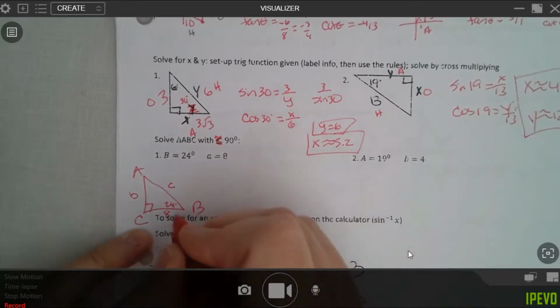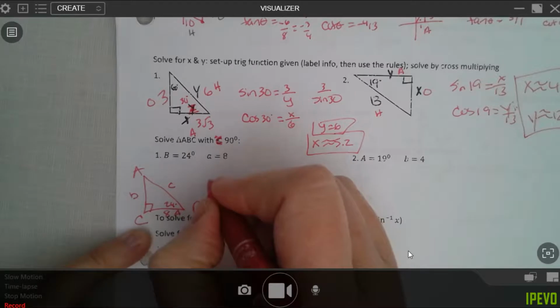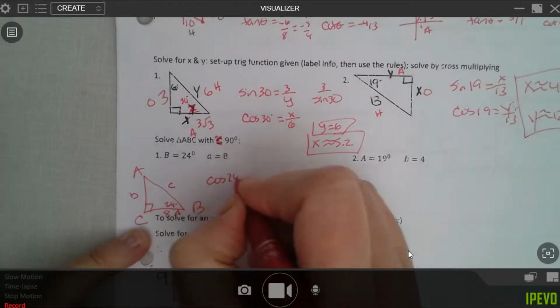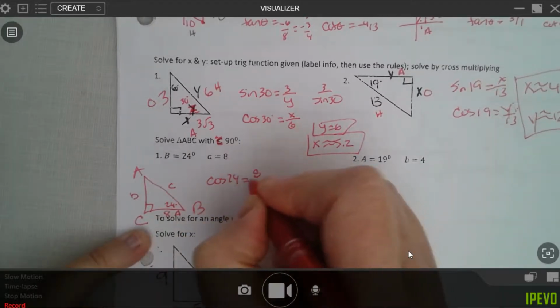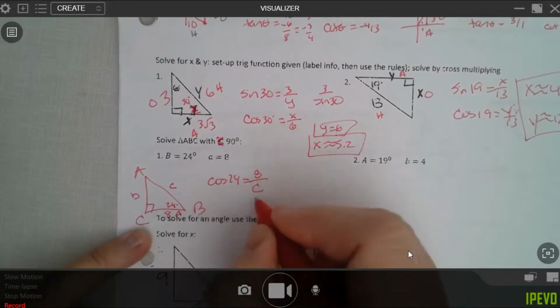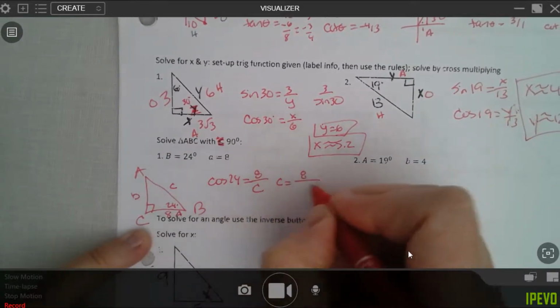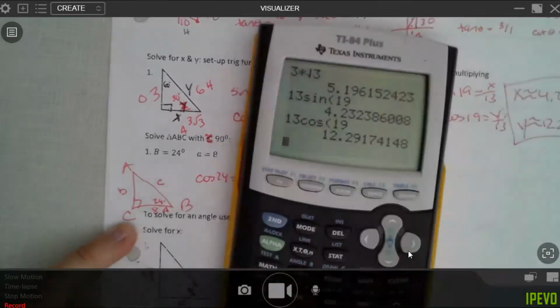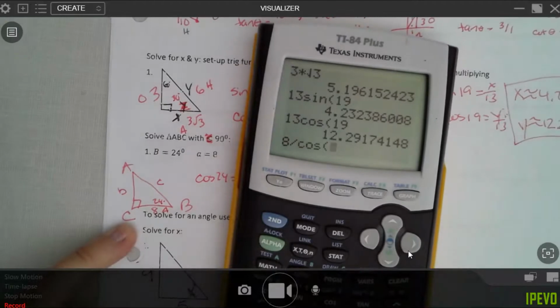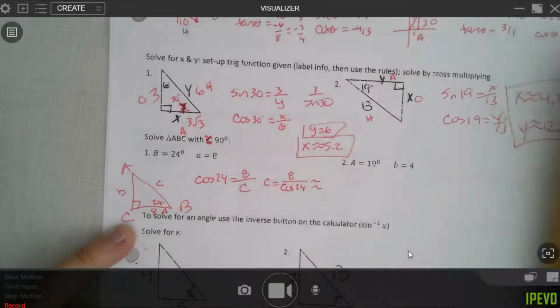So what I have here is the adjacent side. So cosine of 24 would equal 8 over C. When I cross multiply, it ends up being a division problem. So C equals 8 over cosine of 24, which is approximately 8.76.